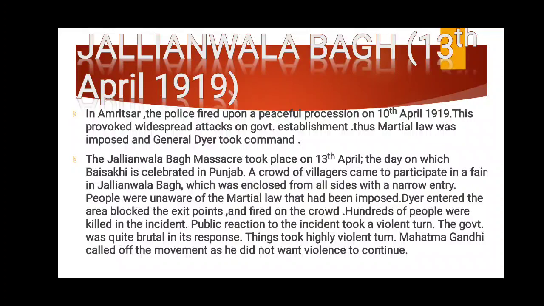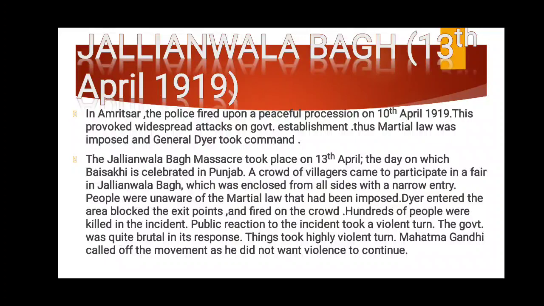On 13th April 1919, rural people of Amritsar, villagers, all gathered in Jallianwala Bagh to celebrate Baisakhi. A crowd of villagers was there in Jallianwala Bagh, and the Bagh was enclosed from all sides with a narrow entry.